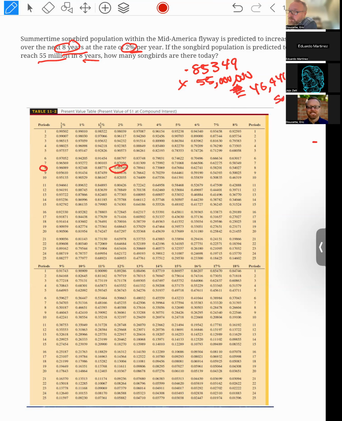That's songbirds today. So they have 46 million today, but they're going to have 55 million in 8 years from now because there's a 2% growth each year. And that's solving present value problems.